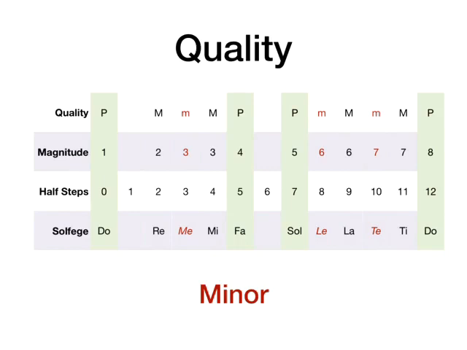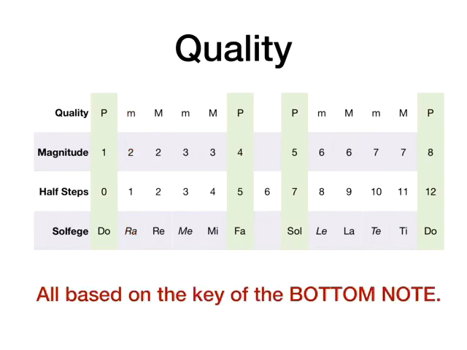In the same way, do to le is a minor sixth, do to te is a minor seventh. We can use the same pattern to fill in the minor second with the solfege syllable ra. Don't worry yet about the interval that is 6 half steps. We'll talk about that next.